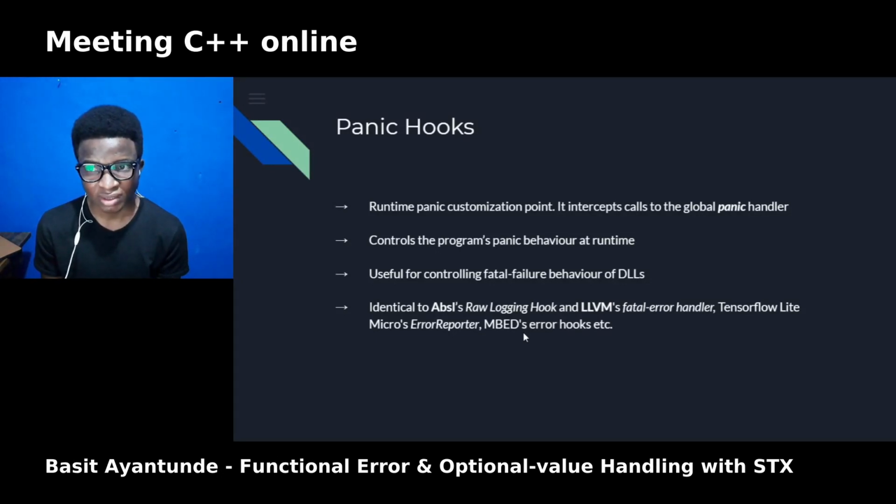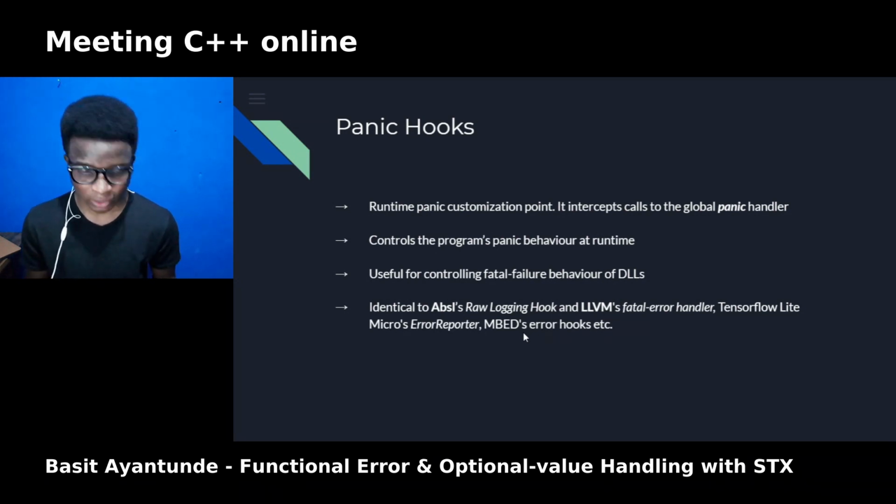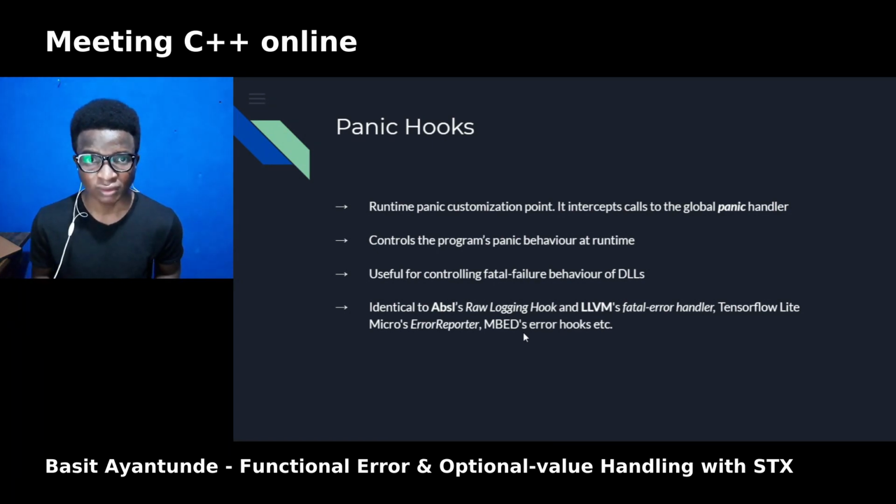It is the runtime panic customization point. It intercepts calls to the global panic handler. It is very identical to Abseil's raw logging hook and LLVM's fatal error handler, and also similar to TensorFlow Lite Micro's error reporter.